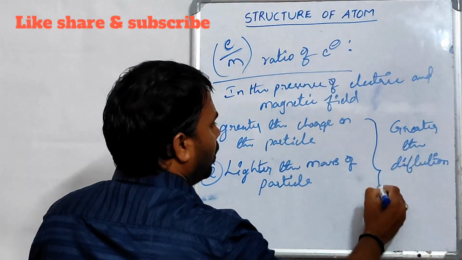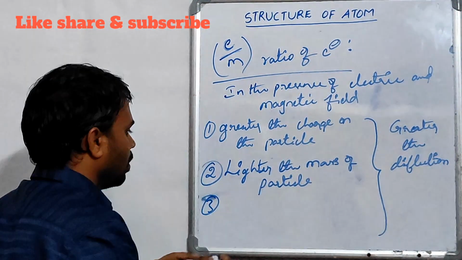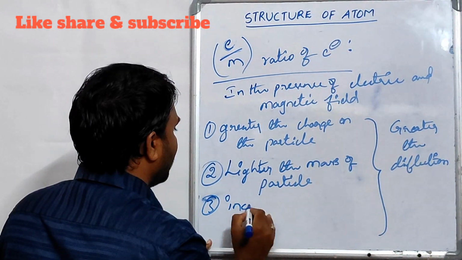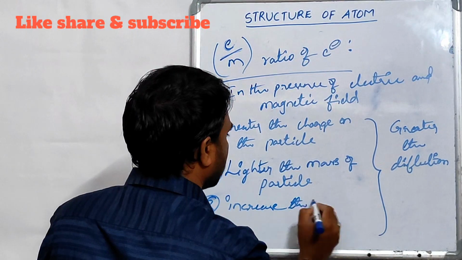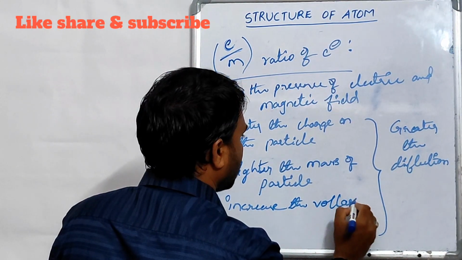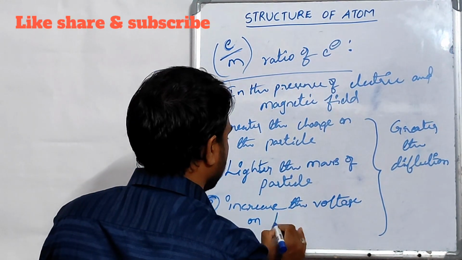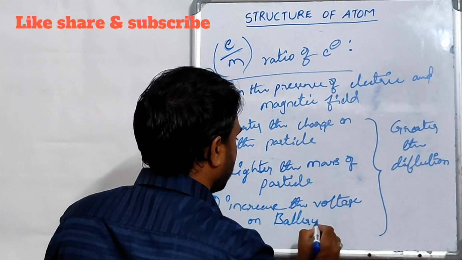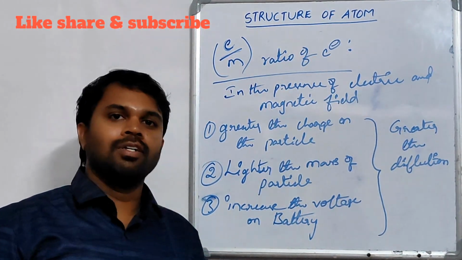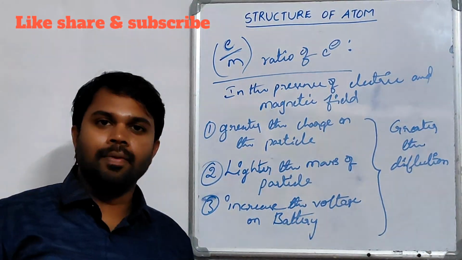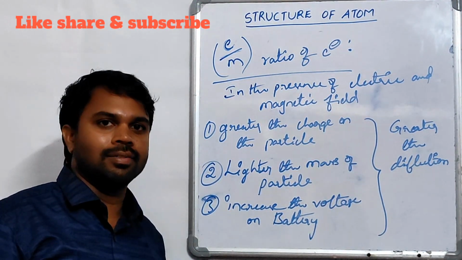Now come to the third point. When we increase the voltage on the battery, deflection also increases. Based on these 3 points, the E by M ratio was calculated.